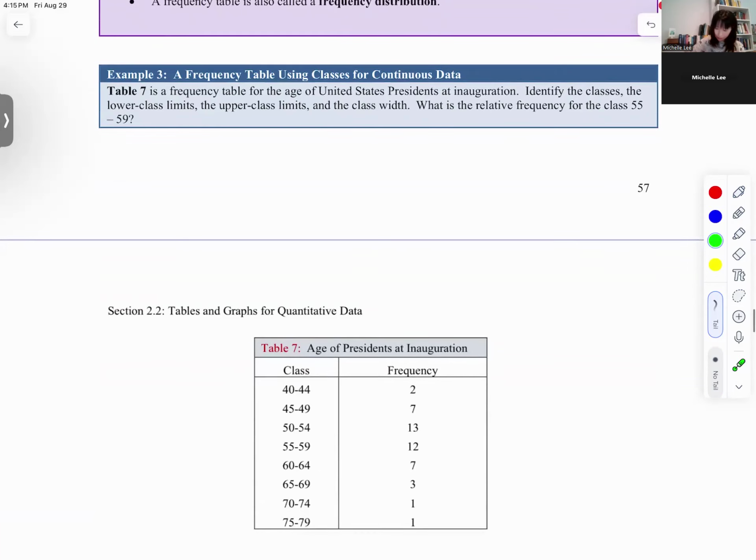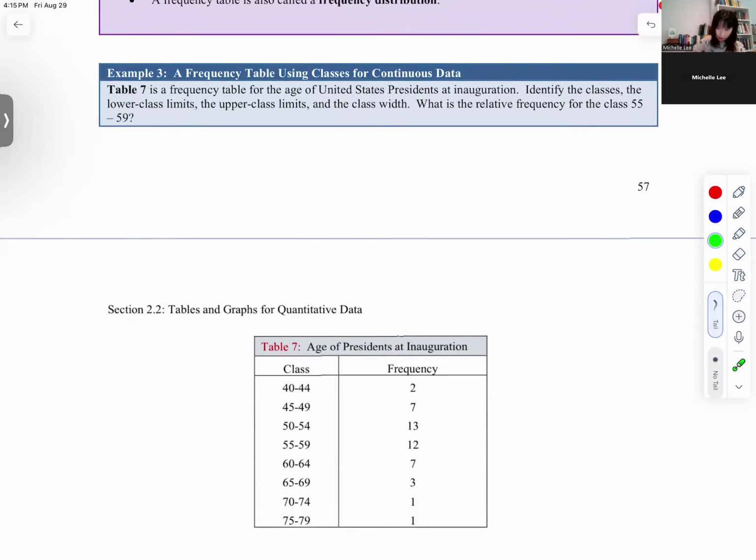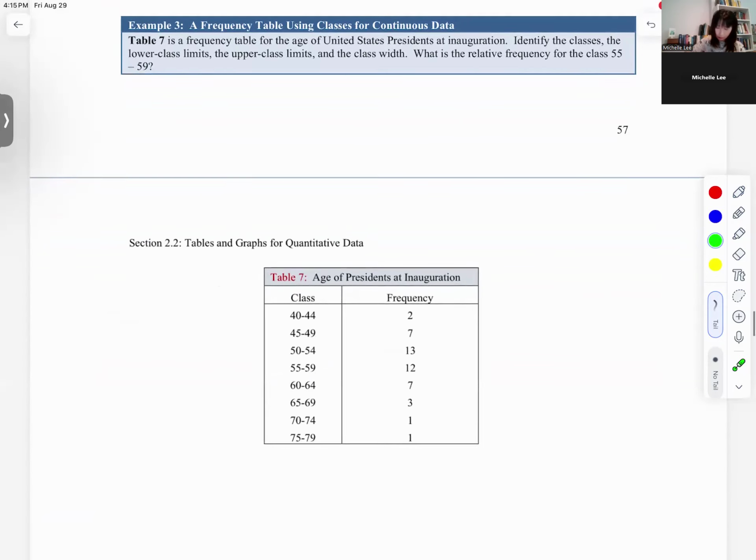So we have table 7 here. Let's take a look. How many classes? Look, this is a class.